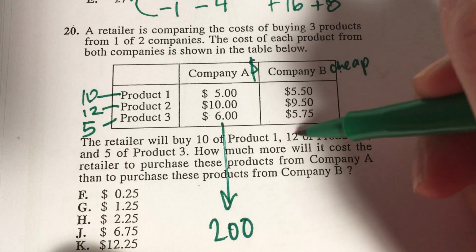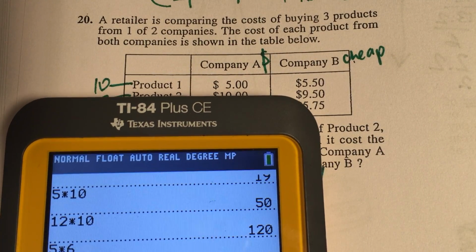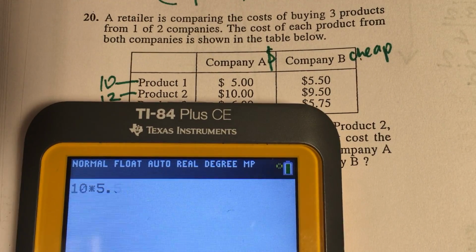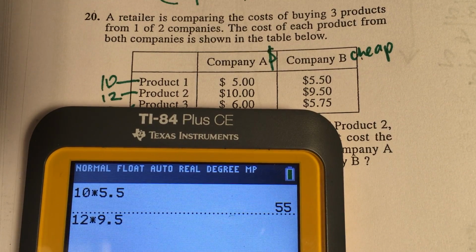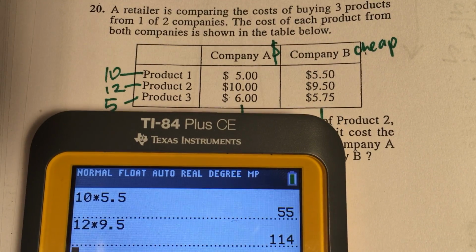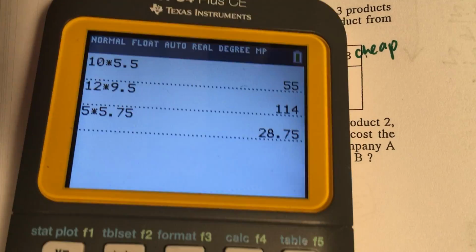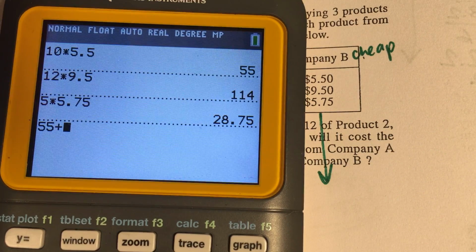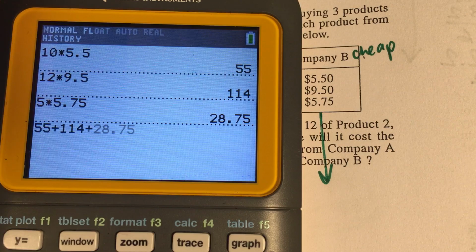Okay, and then company B, I can find out. I'm going to do 10 times 5.50 is 55. 12 times 9.50 is 114, and 5 times 5.75 is 28.75. I'm going to add those together. 55 plus 114 plus, and go up and copy this one.